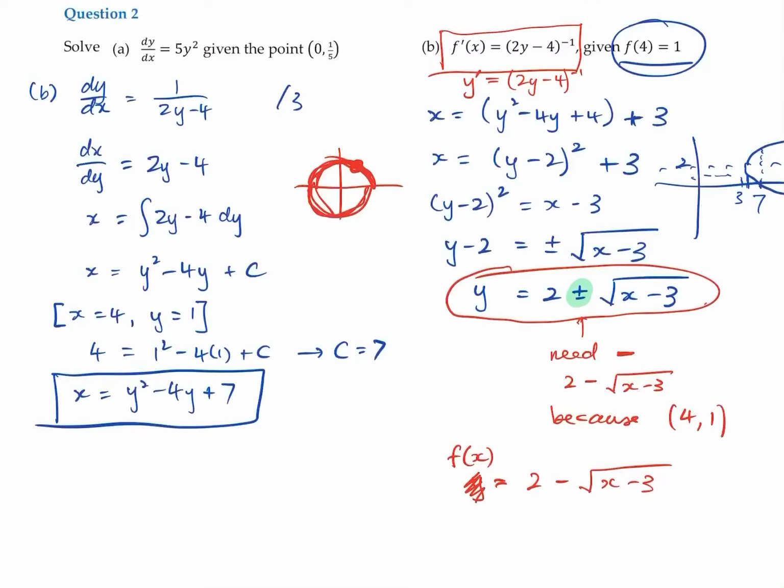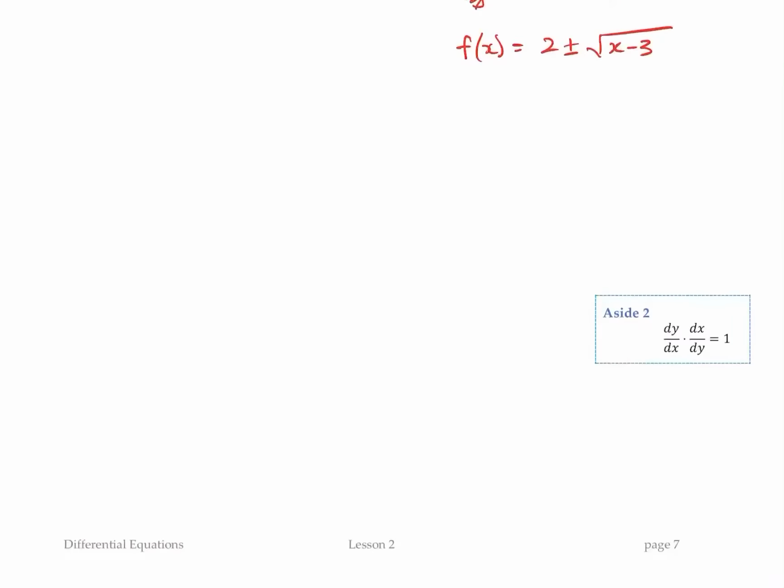So yeah, just be mindful of context. There's nothing wrong with relations. They're perfectly good, especially in the context of differential equations. But functions, well, as it stands, you can't really write f of x equals 2 plus or minus square root of x minus 3, because that's giving two f of x values for every one x value, and that's not good.